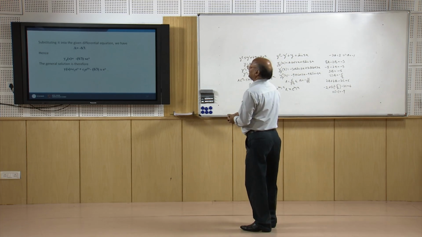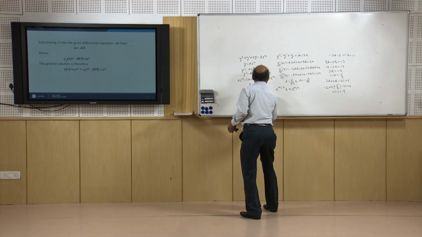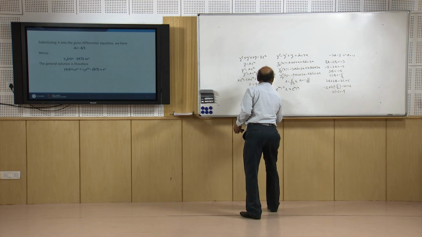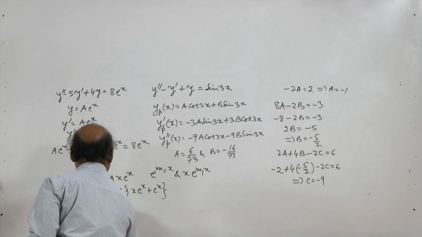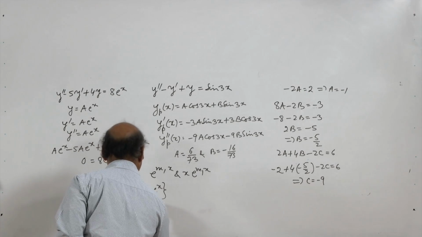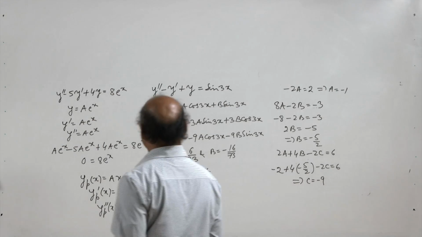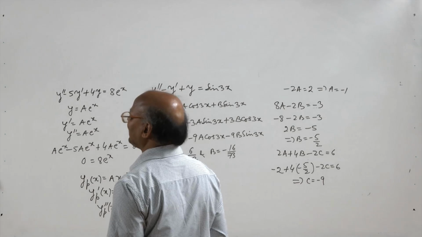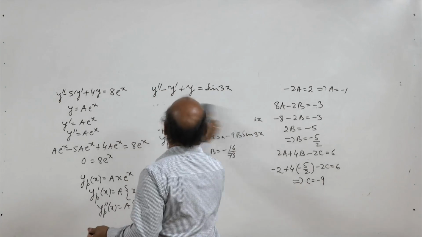So, let us see, if we do this, then y_p dash of x will be equal to a times (x e to the power x plus e to the power x), and y_p double dash will be equal to a times (x e to the power x plus 2 e to the power x). Now, when you put this in the given differential equation, let us see what we get.